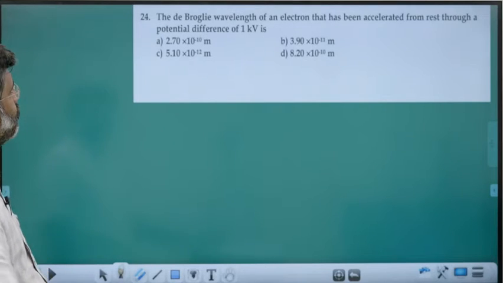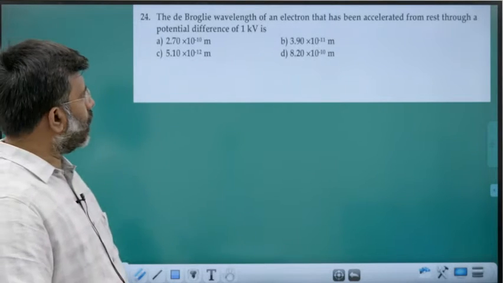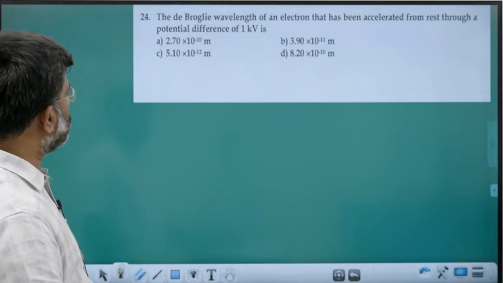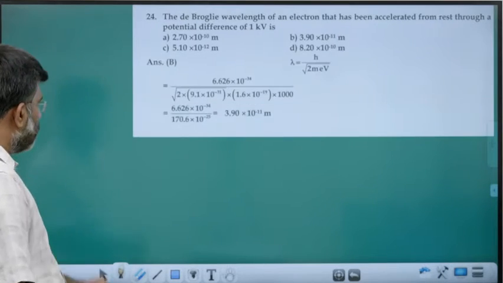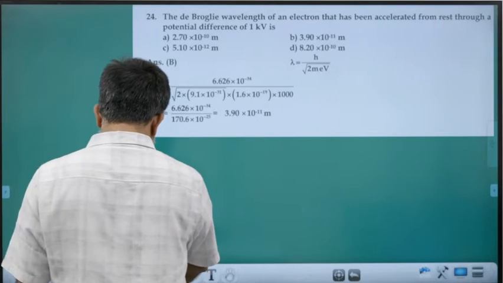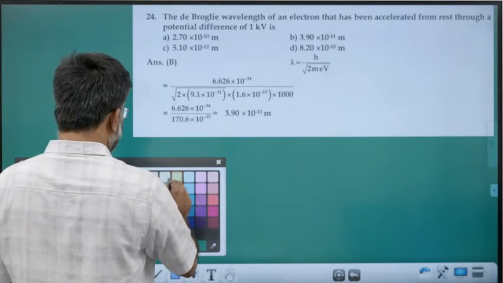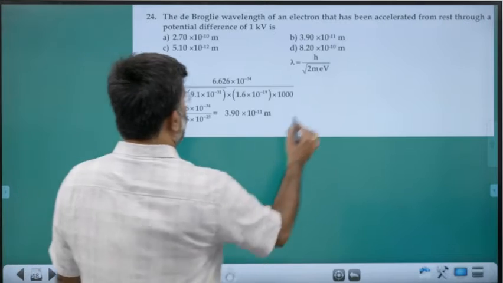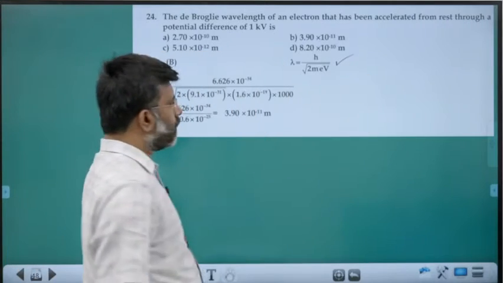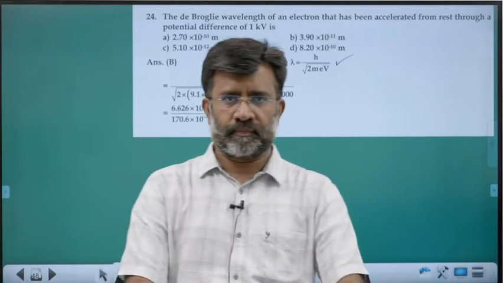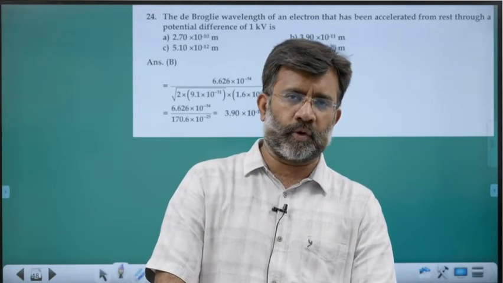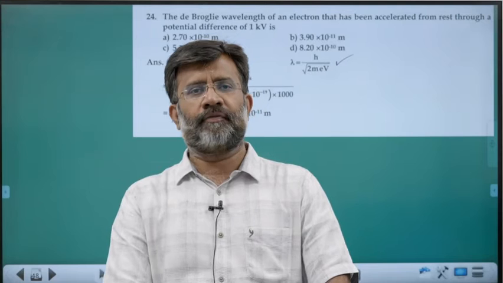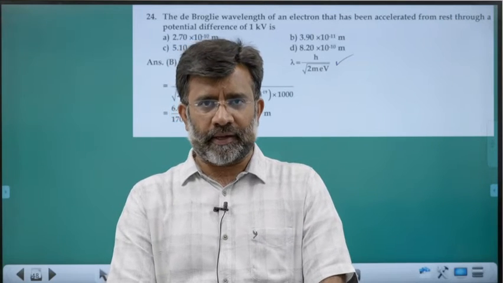De Broglie wavelength of electron that has been accelerated from rest through a potential difference of 1 kilovolt is. You know the relation, lambda is equal to h by 2 meV, taught in the class. Lambda is equal to h by mv, and half mv square is equal to kinetic energy.